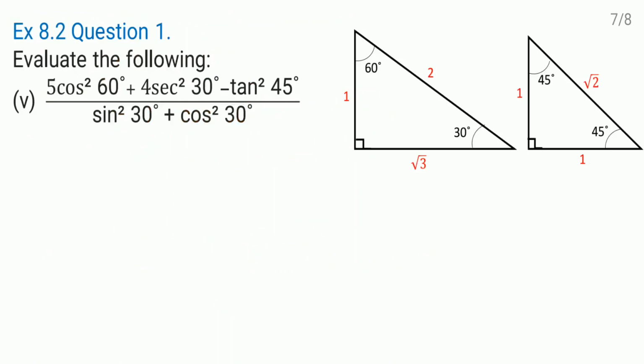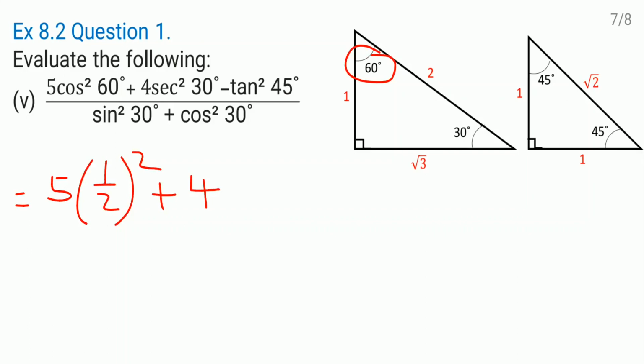Fifth question. Now see here, once again 5 cos square 60. Cos 60. Cos 60 means adjacent by hypotenuse. It is 1 by 2. So 1 by 2 bracket square. Plus 4 sec square 30. This one. Sec 30 hypotenuse by the adjacent. That means 2 by root 3 bracket square. Minus tan 45.